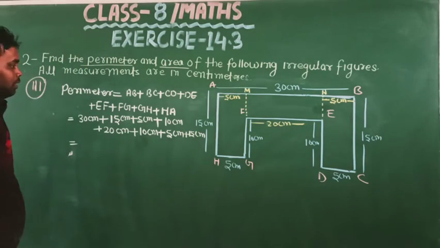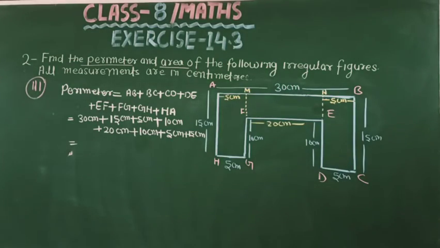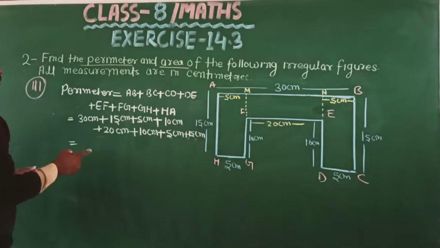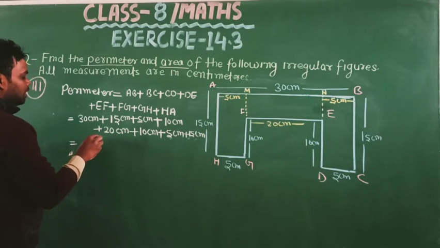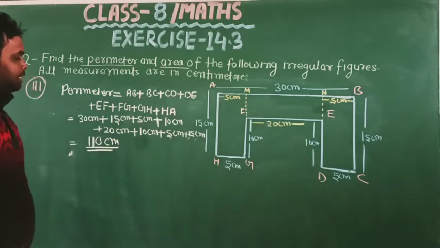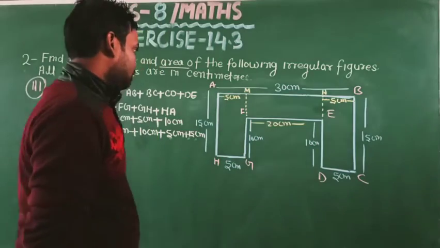Okay. So now we have 30, 15, 5, 10, 20. So we will get overall 110 centimeter. Perimeter equal to 110 centimeter of this irregular figure.